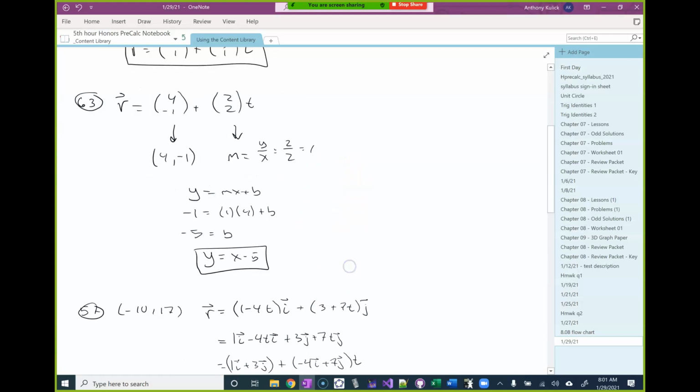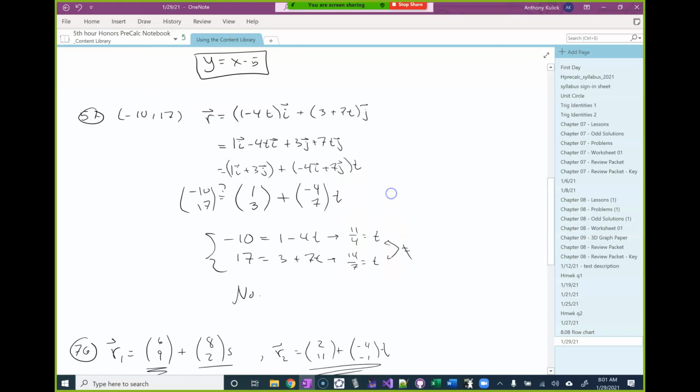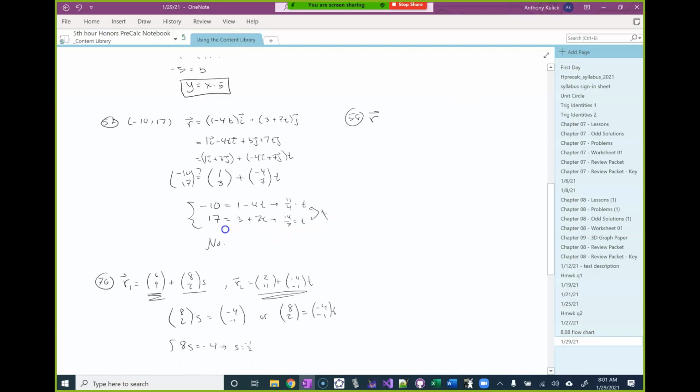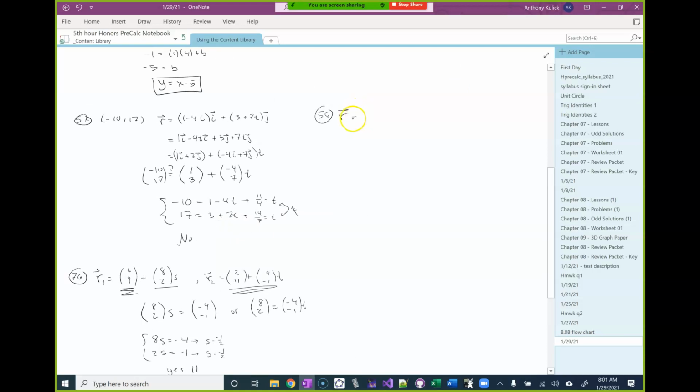We did 57, right? So on 58, we have r is equal to -5t plus -8 plus 4tj.